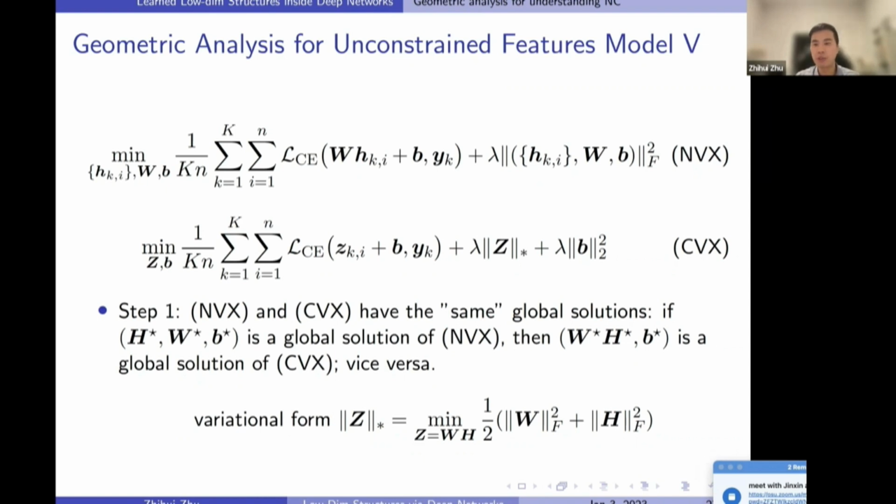So using this result, it's clear that minimizing the weight decay in terms of W and H in the non-convex problem amounts to minimizing the nuclear norm in terms of Z in the convex problem.